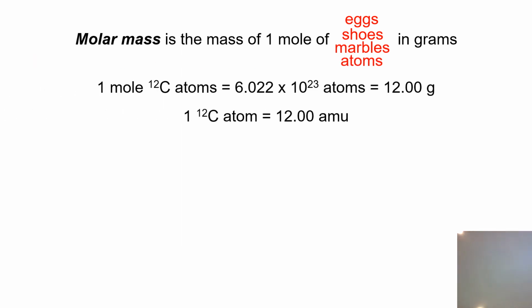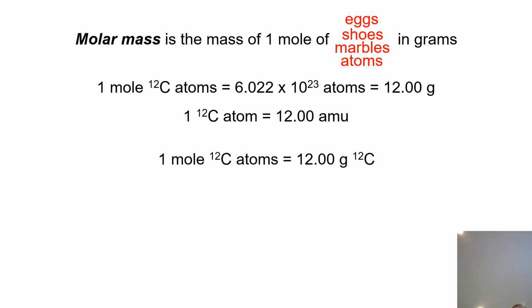So this one's easy. 1 mole of C-12 atoms equals Avogadro's number of atoms, and it has a mass of 12.00 grams. 1 single carbon atom has a mass of 12.00 AMUs.